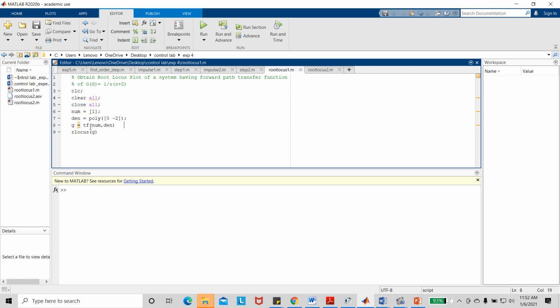The tf command is used for the transfer function with numerator and denominator, and we use the rlocus command for plotting the root locus of G, and run this.